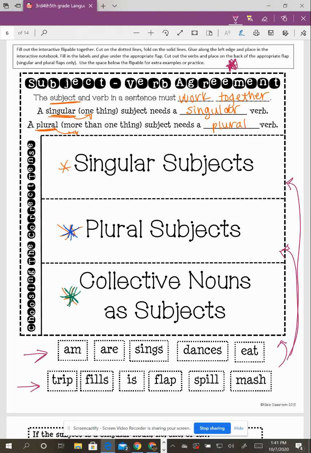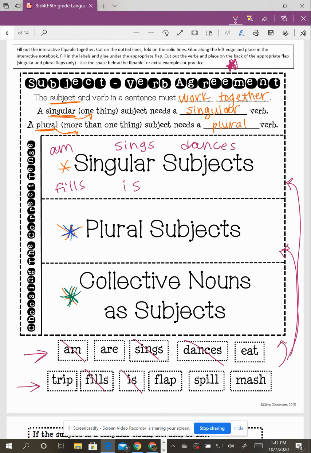Here are our singular subjects. We should have am, sings, dances, fills, and is. Am, sings, dances, fills, and is.